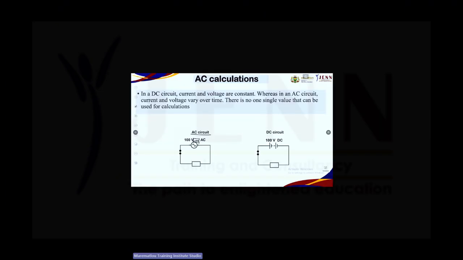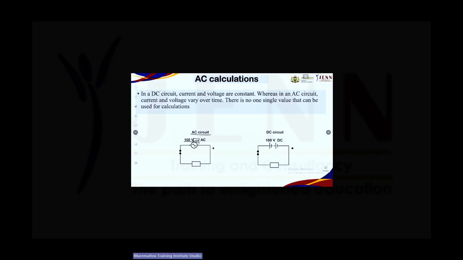So that means that if we look here at our alternating circuit and the DC circuit, if we had exactly the same voltage, the same power in the AC circuit, and the same components in my DC circuit, then the circuit with the alternating current is going to give us more or less the same output as your DC generator.